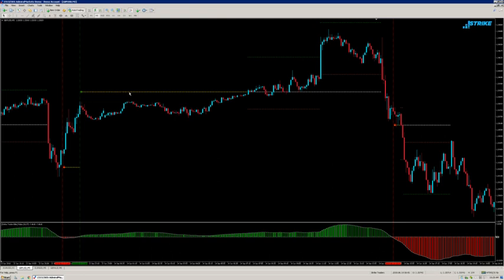And so your entry line would have been here at the yellow bar. And you can see how price did not trigger for quite some time. Here at this point, it finally did trigger. And the stop loss would have been here, 15 pips from your entry.